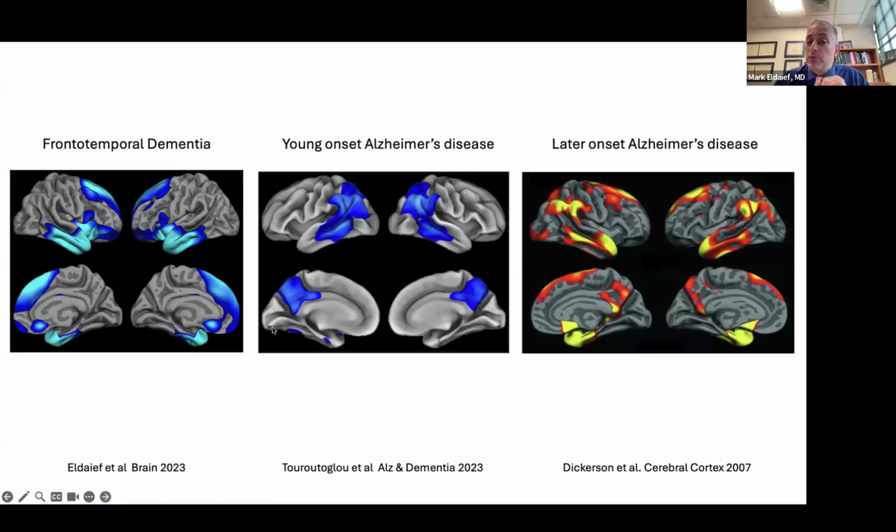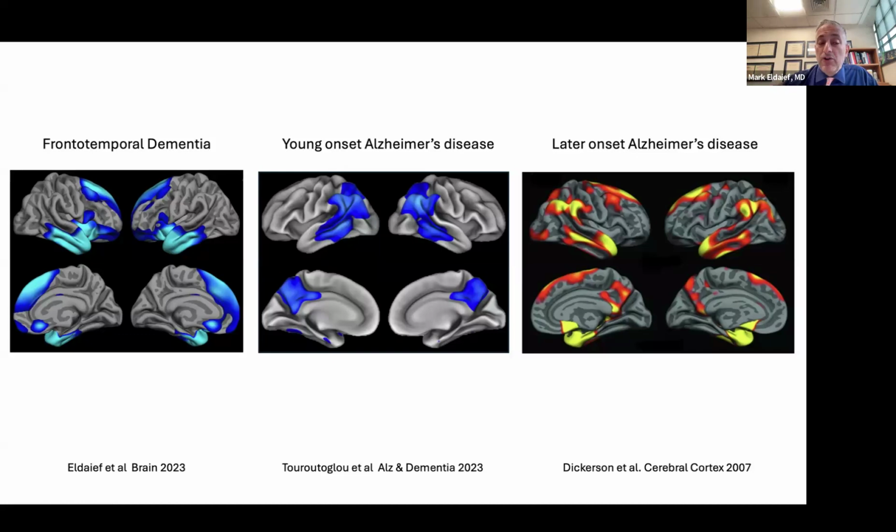This is an example of some research studies that some of our labs have done to look at this thickness measure and this shrinkage measure across different populations. What you're seeing here in blue on the two panels on the left, and in red and yellow on the panel on the right, is areas of shrinkage in a group of people with this disease. For example, you might take 150 people with frontotemporal dementia, with Alzheimer's disease, or what we call young onset Alzheimer's disease, which means people that present with Alzheimer's before the age of 65.